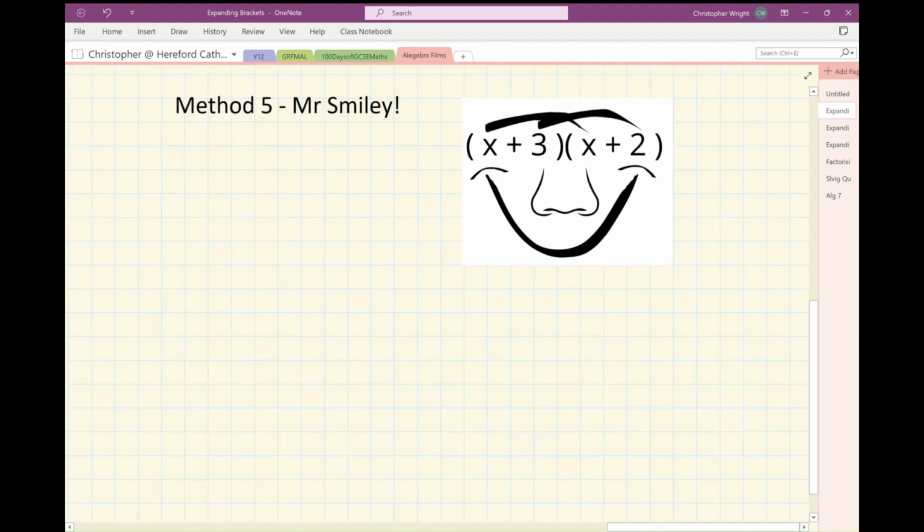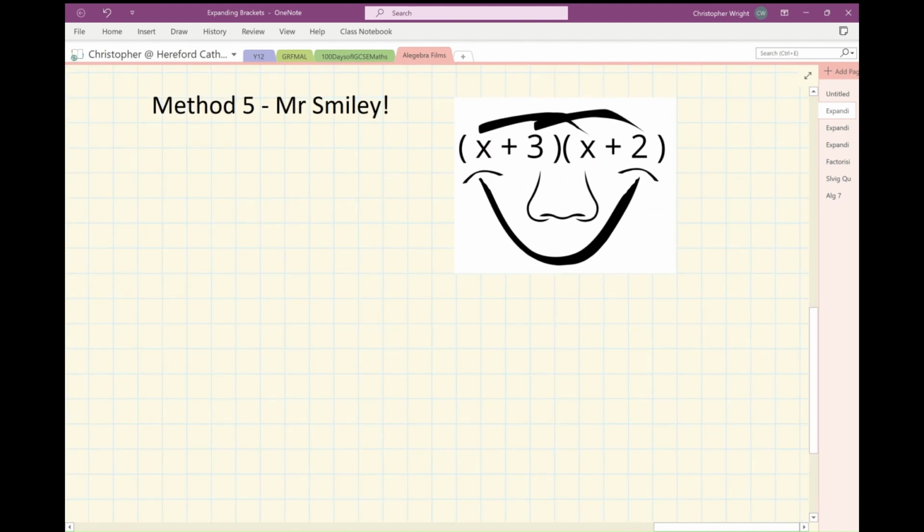Now, this is my favourite method, Mr. Smiley. Now, let's start by writing x plus 3, lots of x plus 2. And you can see that there's a picture on the right there with a smiley face, because this is what happens. We do the first eyebrow and the second eyebrow.